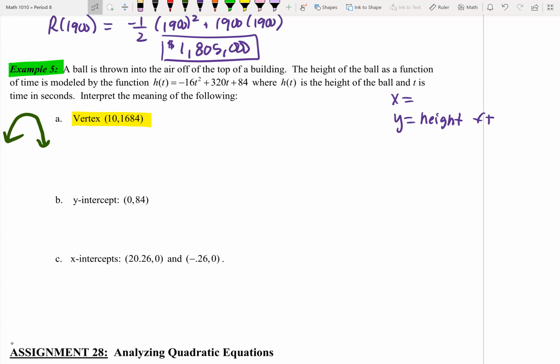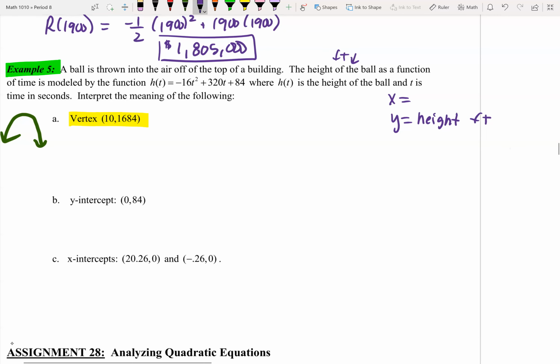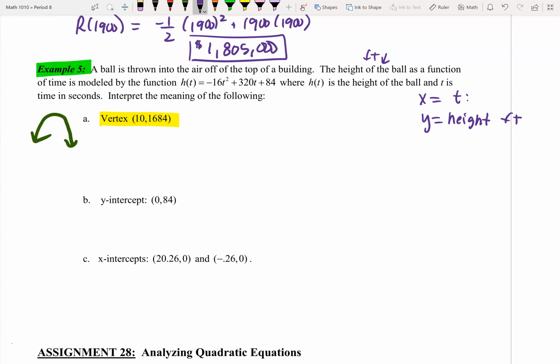We're going to say feet. So we're just adding to the problem that it is feet. And then x stands for your t, and that is seconds. So that 10 is seconds. That right there is the height, okay?